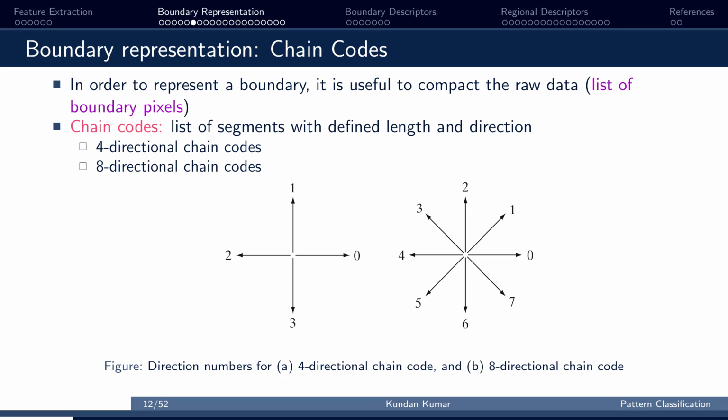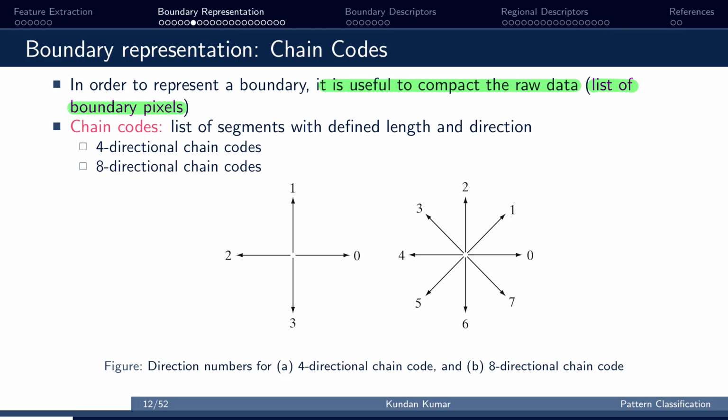Another boundary representation is the chain code. We can represent the boundary using the chain code. In order to represent a boundary, it is useful to compact the raw data, that means the list of boundary pixels.